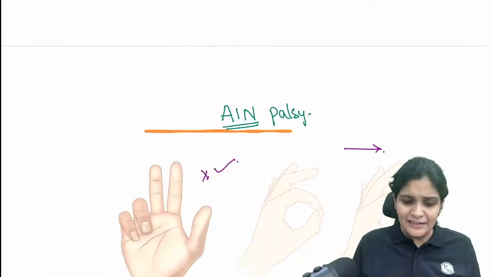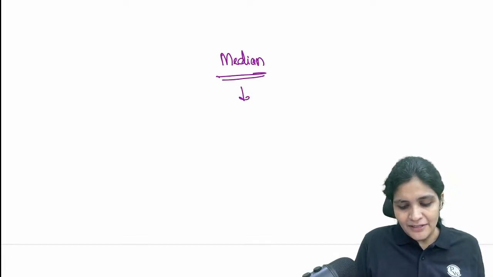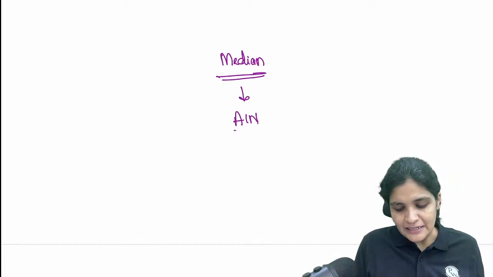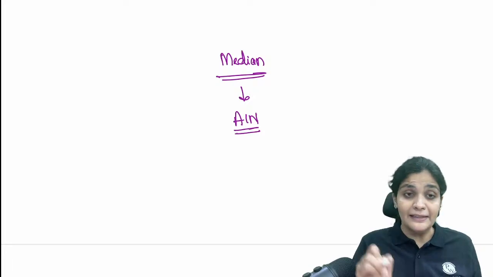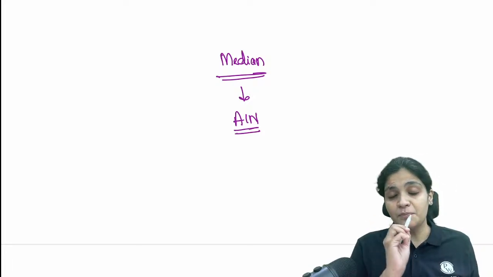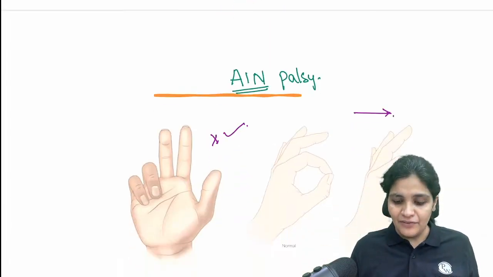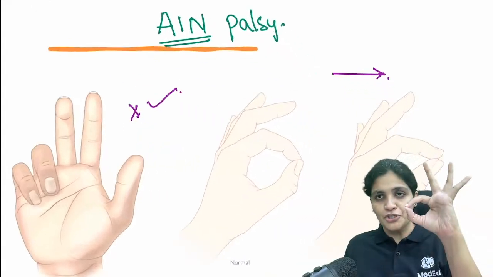By the way, what is this anterior interosseous nerve? The median nerve has a branch which is called the anterior interosseous nerve. Similarly, the radial nerve has a branch, the posterior interosseous nerve. Median nerve branches into the anterior interosseous nerve. So this nerve is responsible for proper opposition of the thumb.